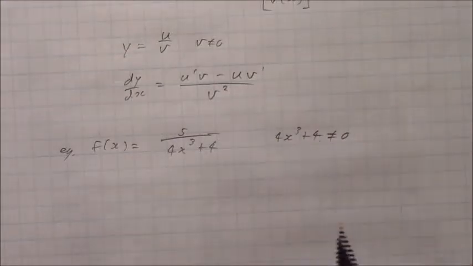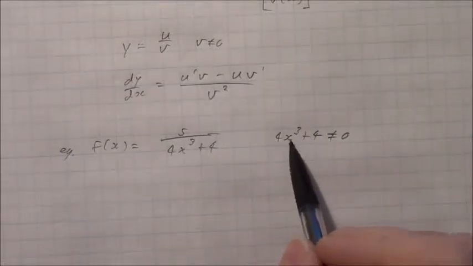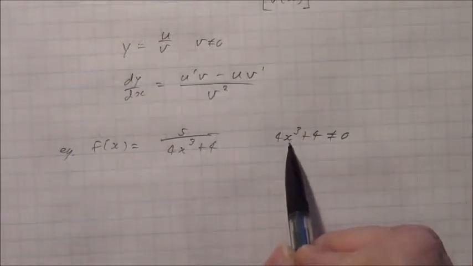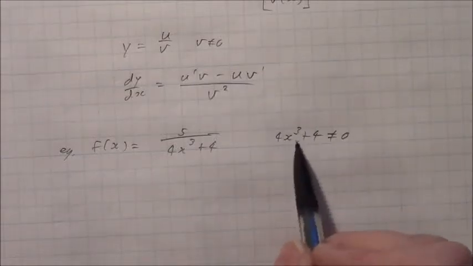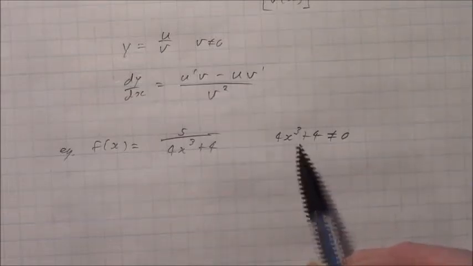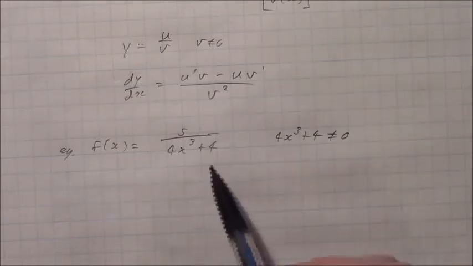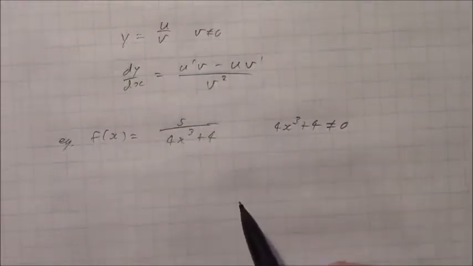So we can just state that. If we were more interested in finding exactly what values of x would make the denominator 0, we'd have to rearrange and solve this in order to find which values of x could not be included. But just for this instance, we're more interested in finding the derivative using the quotient rule.